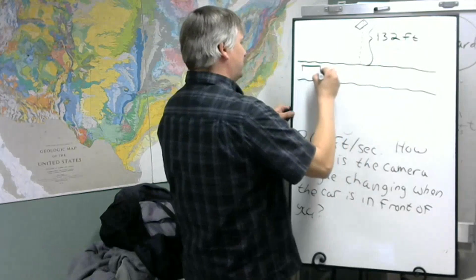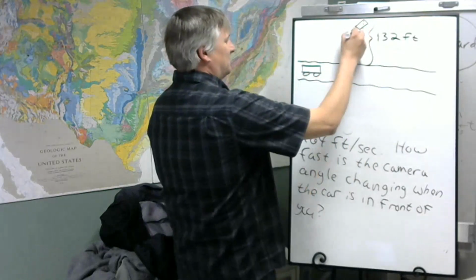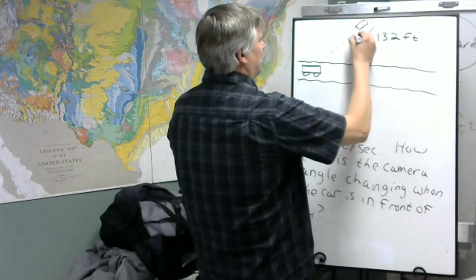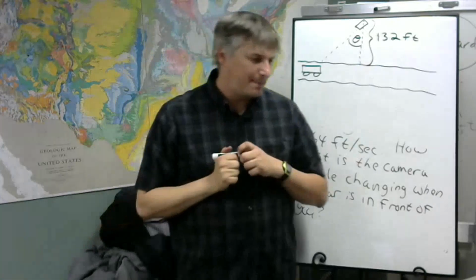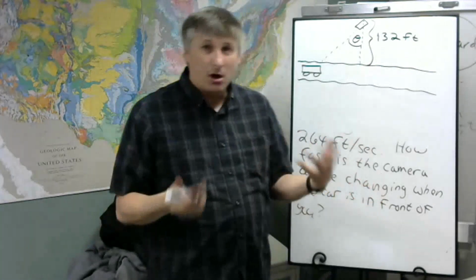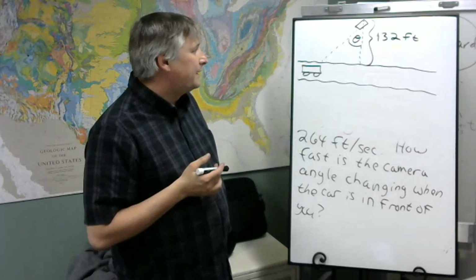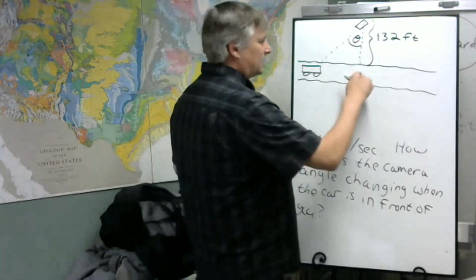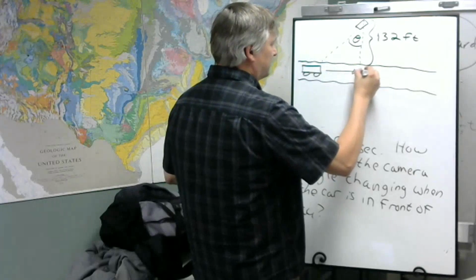And let's say you have your car doing this. So here's your camera. Your camera angle is that angle theta. This is a problem where the tips of drawing have to come up. Well, this one they do give us, thankfully, but we want to understand what we mean by in front: the car being right here.